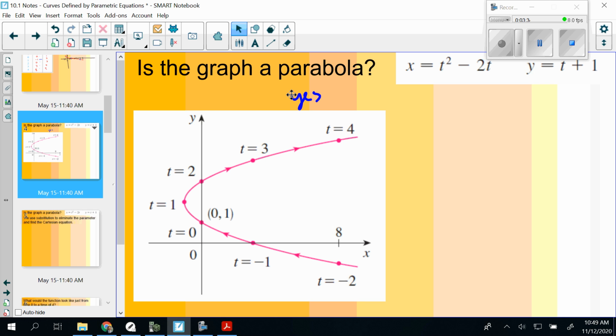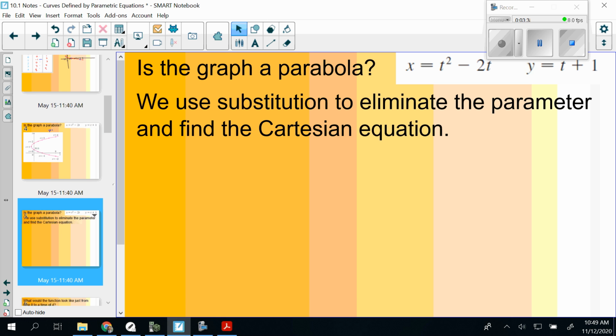What we're going to do to find that is find what's called its Cartesian equation. And the Cartesian equation, when you graph in the Cartesian plane, is an xy type of equation. So can we come up with an xy equation for this one?